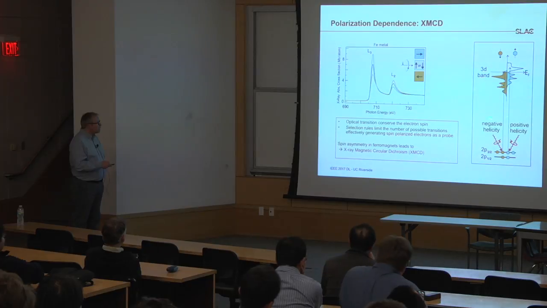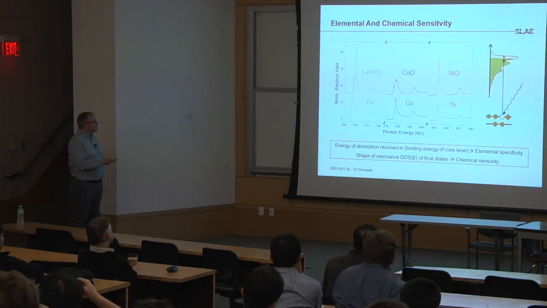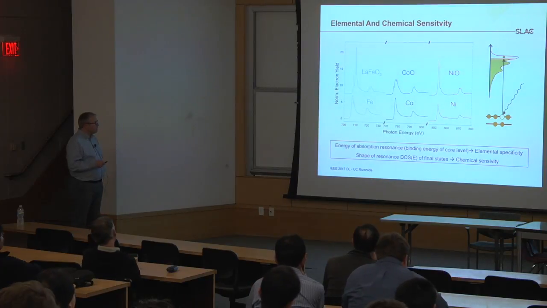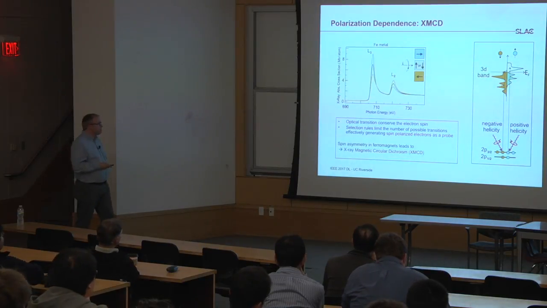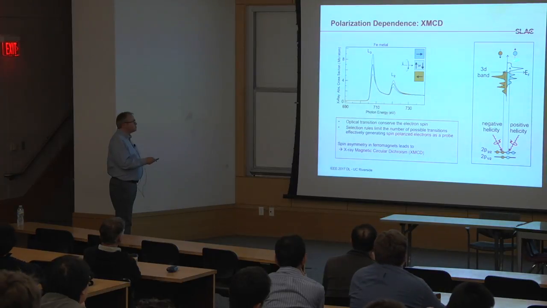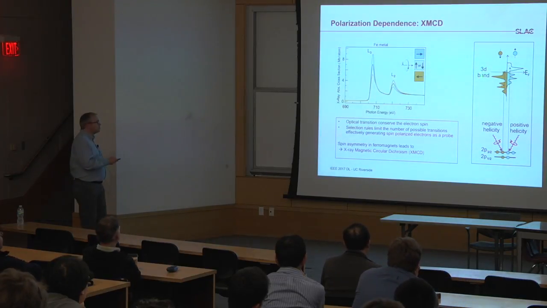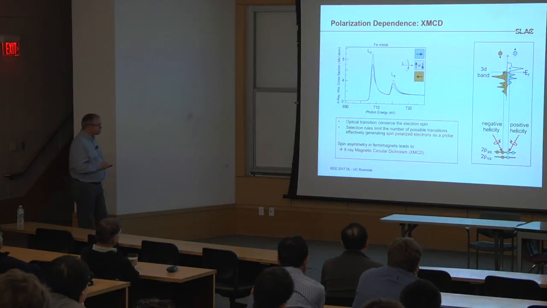Now, when you look at iron, and this simplified density of states here that does not include spins in iron, because iron is magnetic, you will find that you have a different number of empty states for spin up than you have for spin down, if it's magnetized. And that's exactly what the magnetization is. You have more electrons of one spin sort than of the other one.